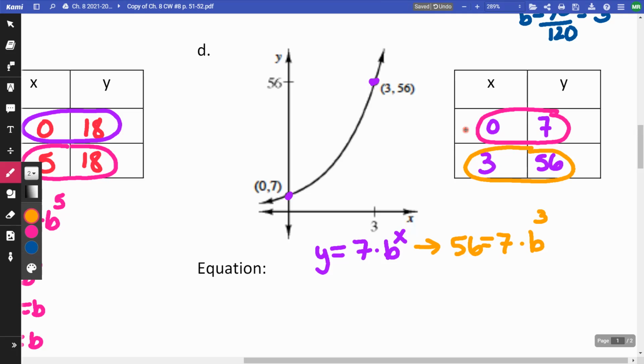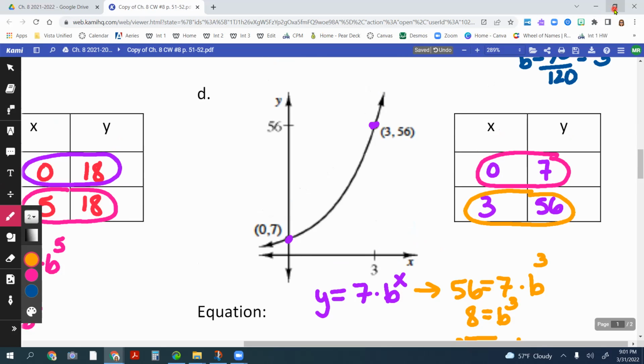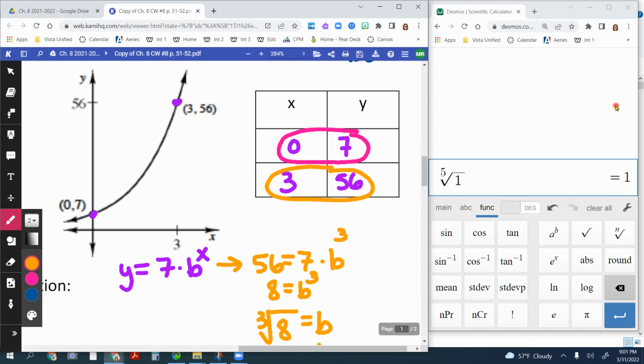I'm going to divide both sides by 7, and I'm going to get 8 is equal to b to the 3rd. Some of us might know that the cube root of 8 is 2. But if you don't, then again, you would put it in the calculator to see what you get.